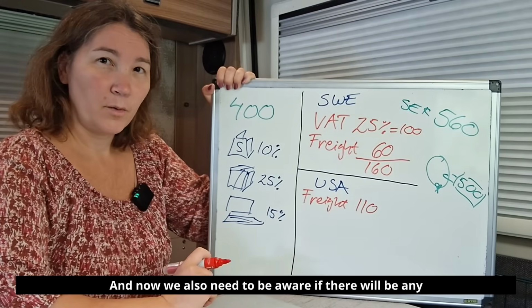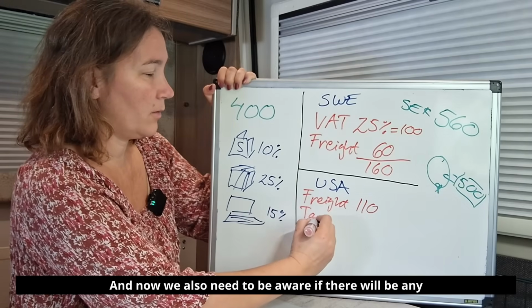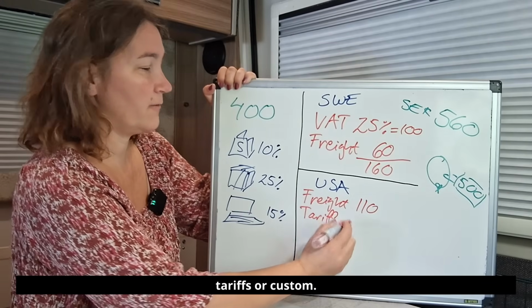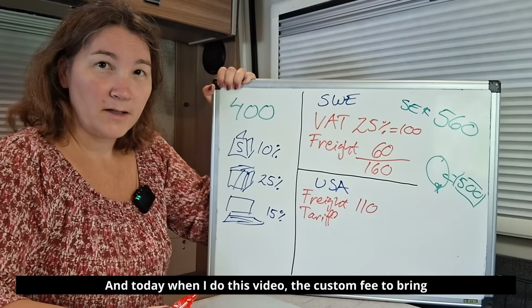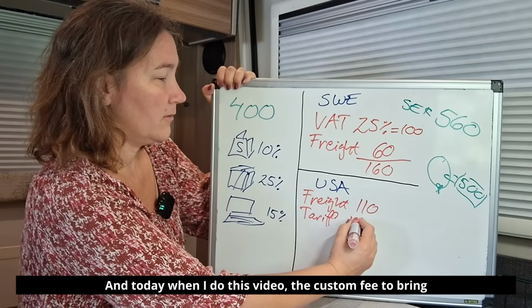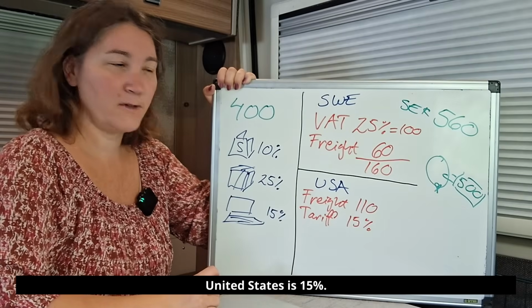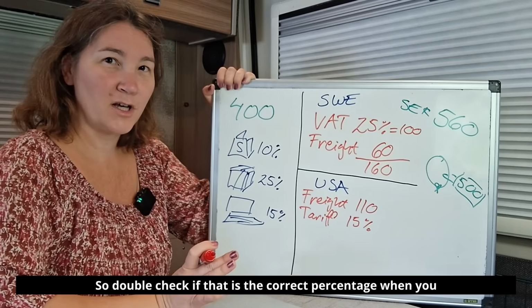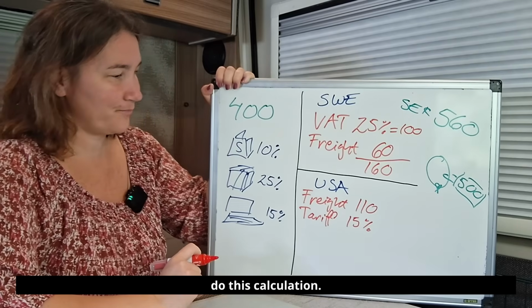And now we also need to be aware if there will be any tariffs or customs. Today, when I do this video, the customs fee to bring something in from Europe to the United States is 15%. So double check if that is the correct percentage when you do this calculation.